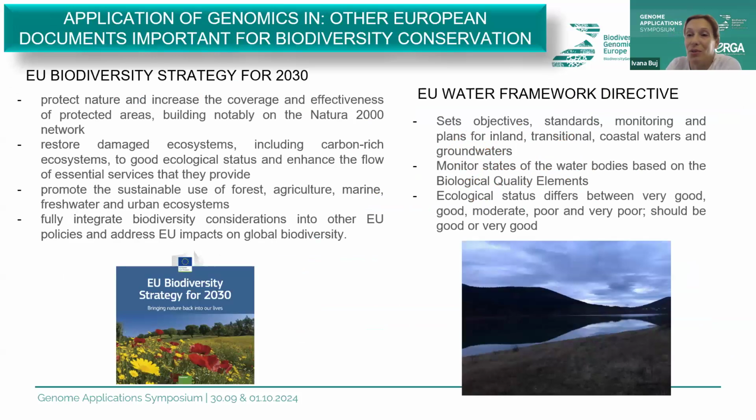maybe just to have them in mind and to briefly discuss whether genomics can even aid their implementation. So the EU biodiversity strategy does really nicely target the protection of all European biodiversity.